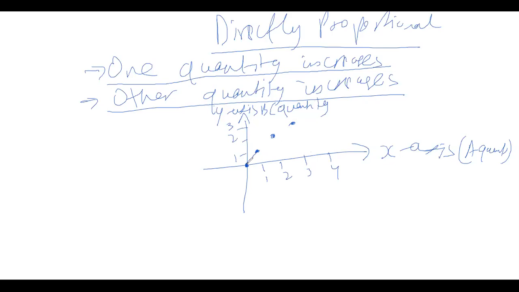Now if you notice, the change in quantity A and the change in quantity B is the same. They are changing with respect to each other by the same amount.